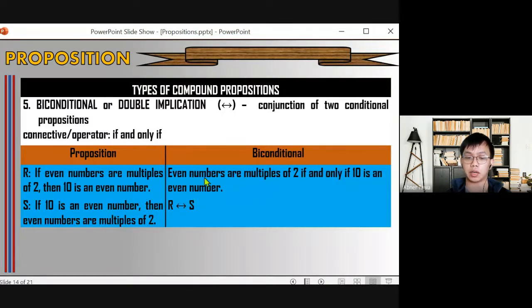Or we can have the other way around. 10 is an even number if and only if even numbers are multiples of 2. And the symbol for that is R if and only if S. So that is for the last type of compound proposition.